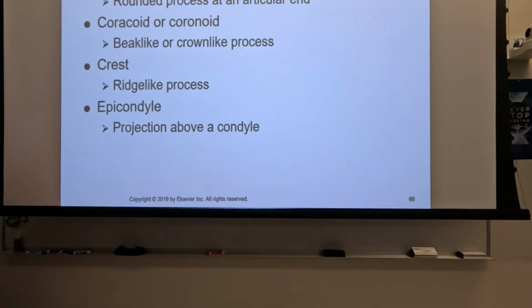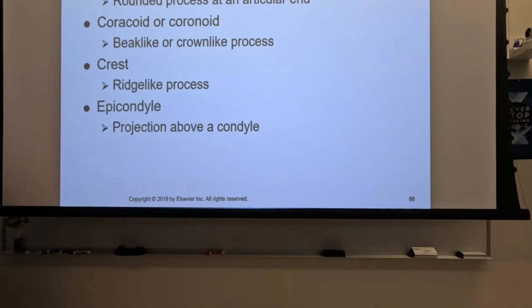Okay, so a coracoid and a coronoid process, these really should be separated out a little bit, but a coracoid process is a beak-like process. I could have wheeled a whole skeleton down here, but if my skeleton disappears, I'll lose the whole thing.